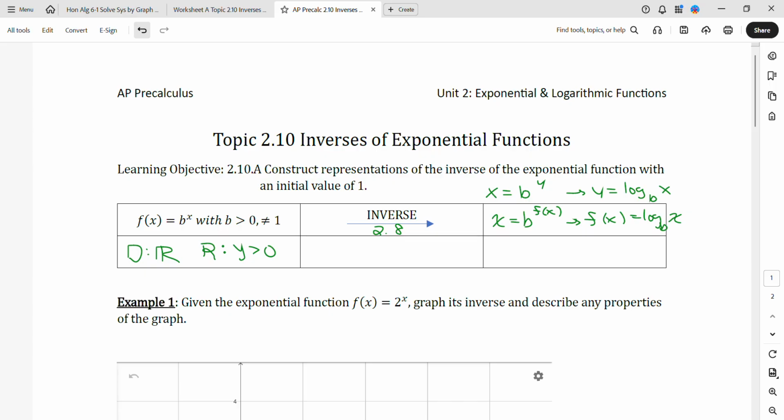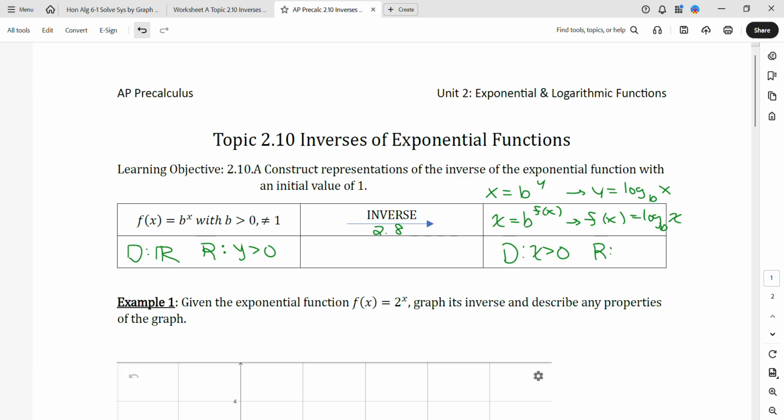Let's keep on going with this train of thought. If the domain of an exponential function is all real numbers and the range is y is bigger than 0, what is the domain of a logarithmic function? Domain. X is bigger than 0. There's the answer. What's the range of a logarithmic function?